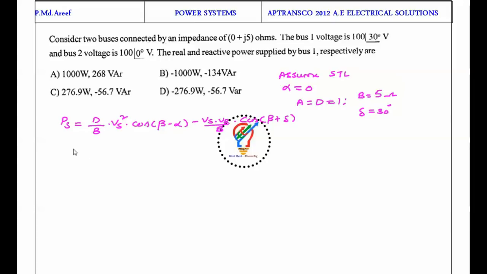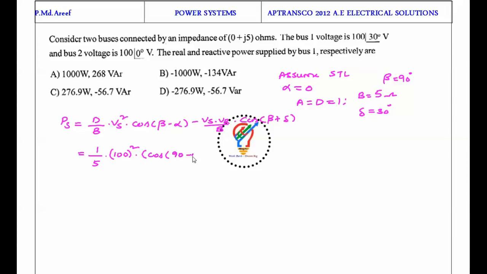Now, the PS value. What is D by B? D is nothing but 1, and B is 5, into the supply voltage Vs square. What is the magnitude of Vs? 100. So 100 whole square into cos of beta. What is the value of beta? Beta is nothing but j5, which means it is 90 degrees.